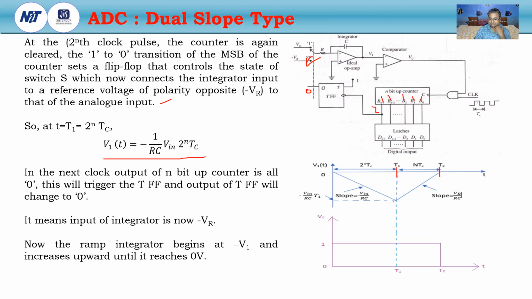Now the ramp integrator begins at minus V1 and increases upward until it rises to 0. So minus V1 is minus Vin by RC into T1, that means minus Vin by RC into 2 to the power of n Tc. It will start from minus Vin by RC into T1 and rise to 0 at the time of T2.